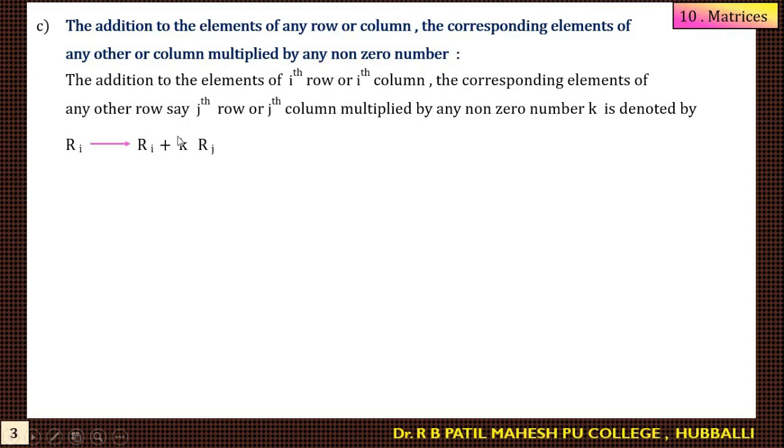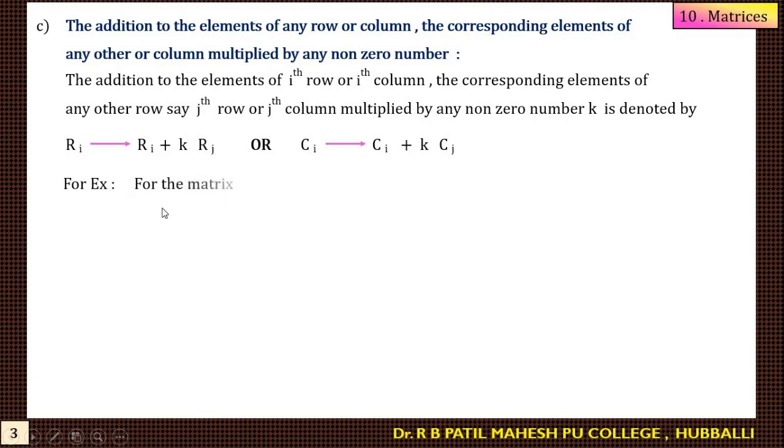The jth row elements are multiplied by k, and after multiplying, you add them to the Ri elements position-wise. If you are operating column-wise, Ci changes to Ci plus k times Cj. Okay, so this is the operation.